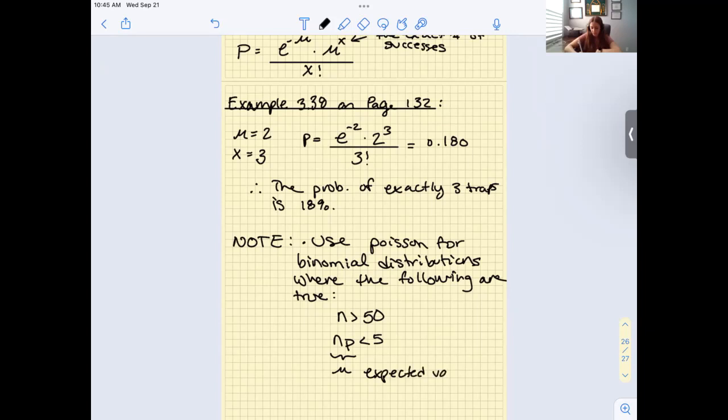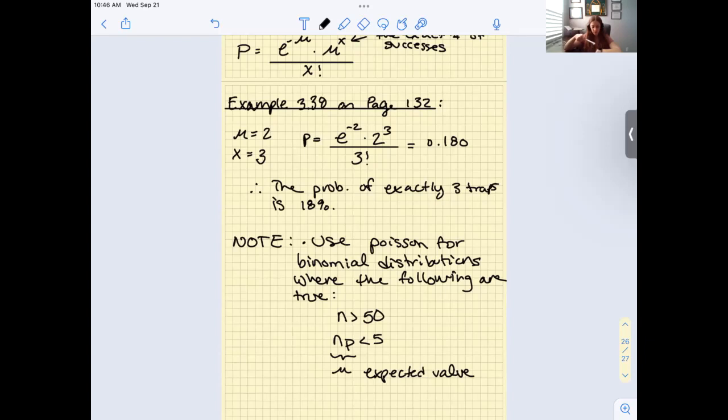If you can tell it's binomial, on, off, yes, no, defect, not defect, right? That's number 1. If you're doing more than 50 trials, it's number 2. And if the expected value is less than 5, n times p less than 5, number 3, that's when you know to use the Poisson distribution equation.